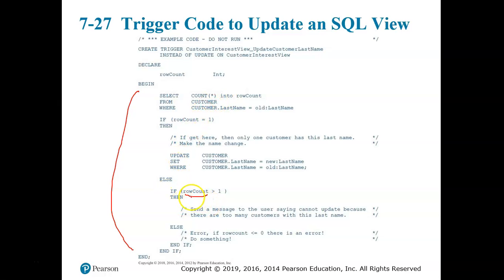If the rows that have this last name number higher than 1, we will just send a message saying sorry, there are too many records with this last name. And if the number is negative, then we will also send an error message. So this is an example of an instead of update trigger.